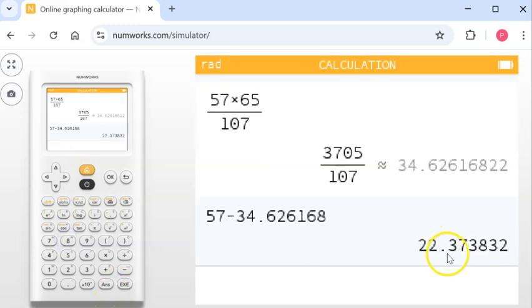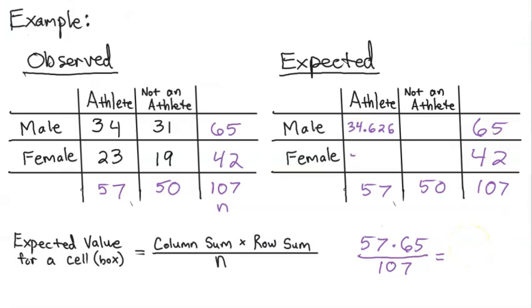And I get 22.373. This 8 is going to turn this 3 into a 4. So we're going to have 22.374, okay? And now over here, we could just do 65 minus 34.626.